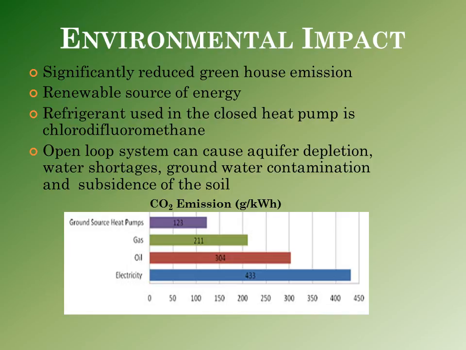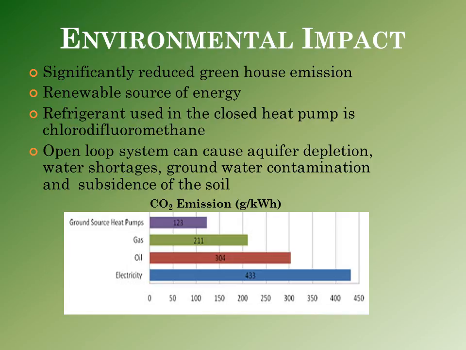Heat pumps can reduce greenhouse emissions significantly. Installing one geothermal system is actually the equivalent of removing 2 cars off the road and planting 1 acre of trees in carbon dioxide reduction.